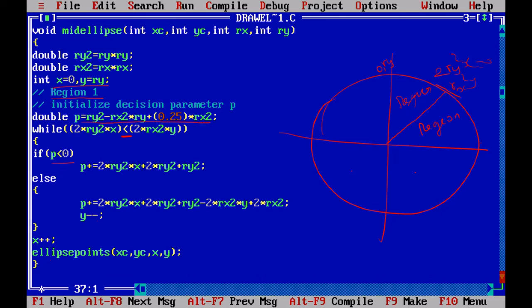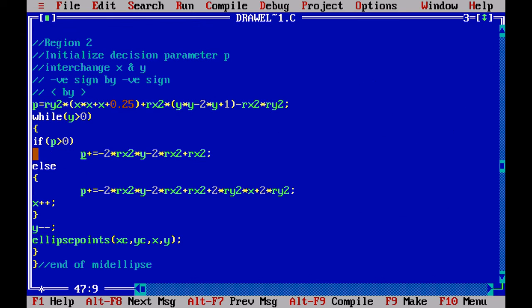In region 1, as you remember, we were using the same circle algorithm that you can just modify. The same coding can be repeated for region 2, the next set of y. So in region 2, what changes do you have to make?